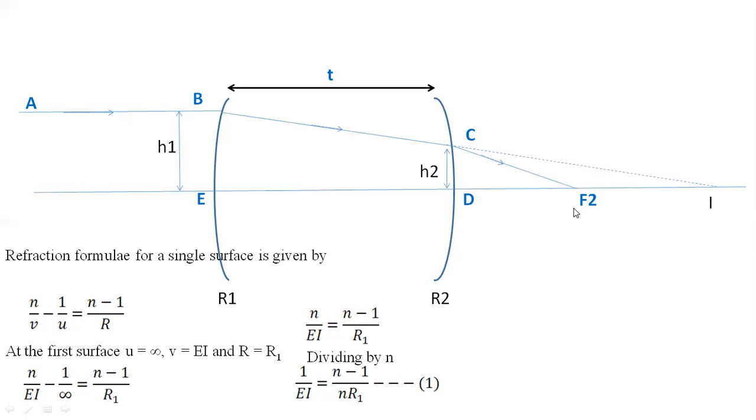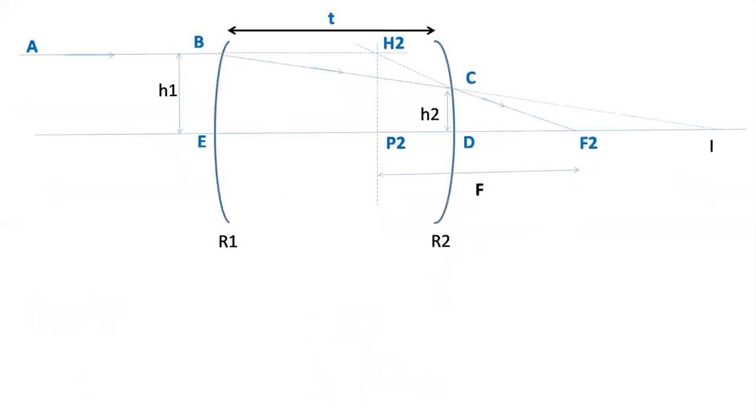It is the second focal point. Extrapolate BC, AB in the forward direction and F2C in the backward direction, they meet at the point H2. At point H2, you draw the second principal plane and you get the second principal point. And here the distance between P2 and F2 is f.